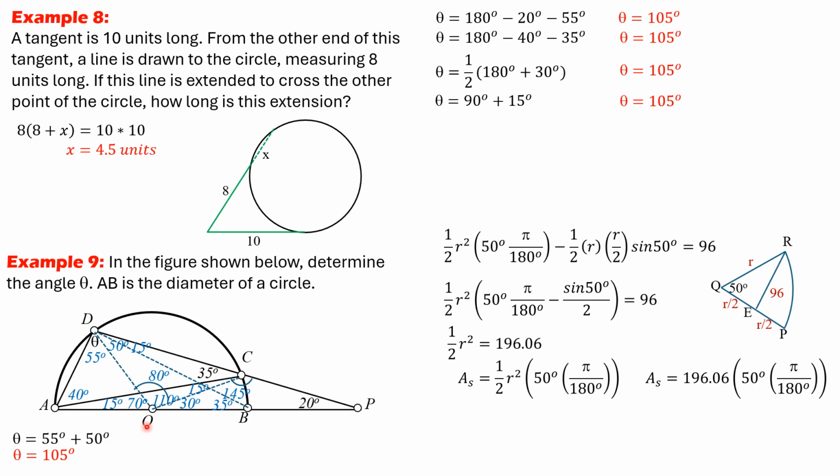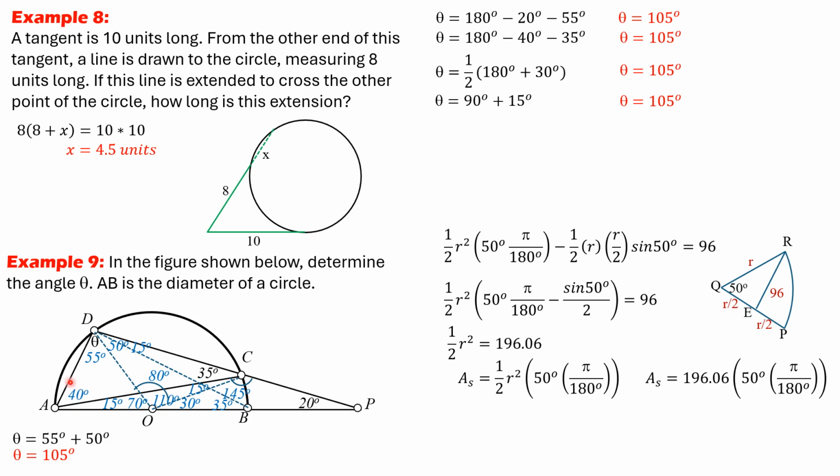So if that is 55 degrees, then this angle first is 180 minus 35, so 145 degrees. And considering triangle ACP, this triangle here, this angle measure is equal to 180 minus 145 minus 20. So 180 minus 165 degrees is 15 degrees.